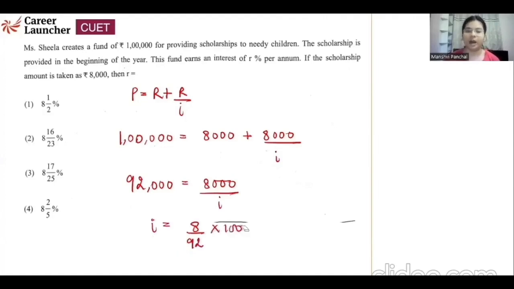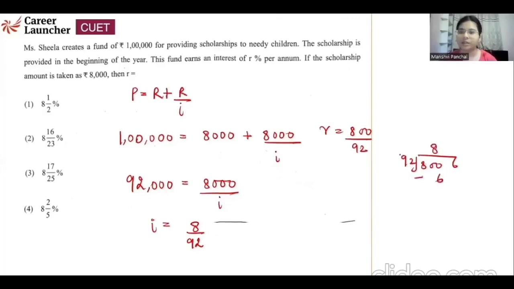If I want to find R, then R will be 800 by 92, right? So if I divide 800 by 92, let's say 92 goes in 8 times, then 8 into 2 is 16, 8 into 9 is 72, plus 1 is 73. Then 79 minus 73 leaves a remainder of 64.